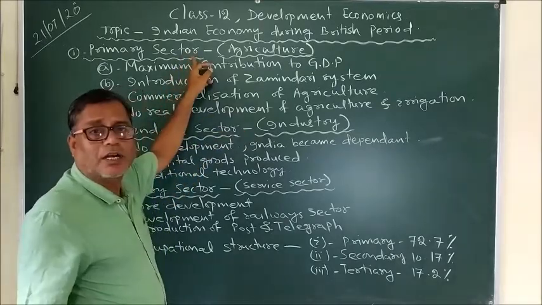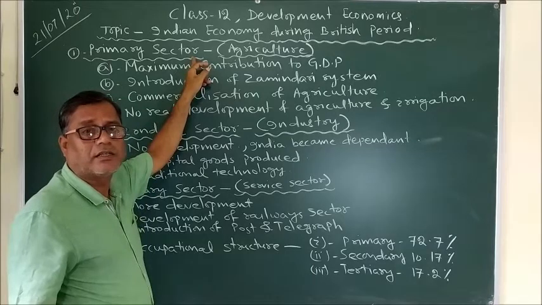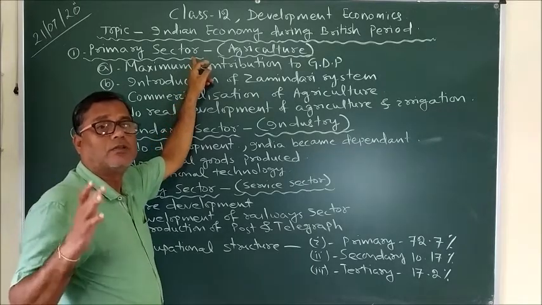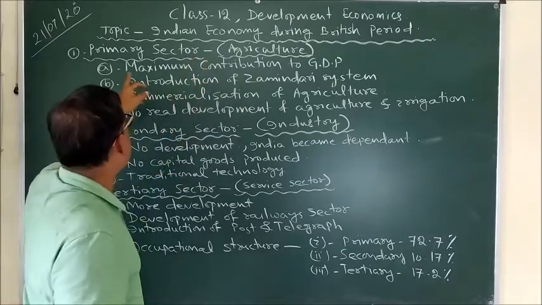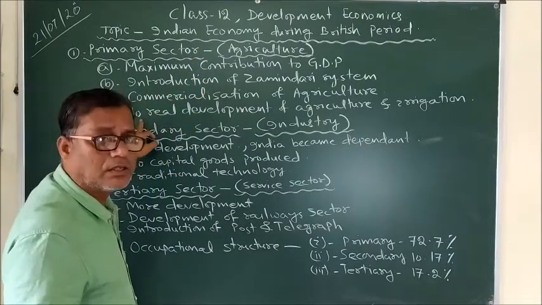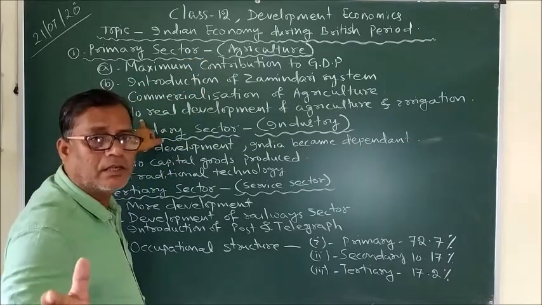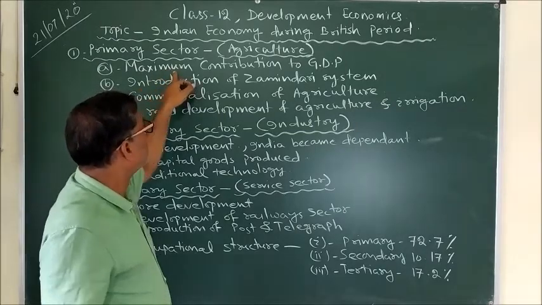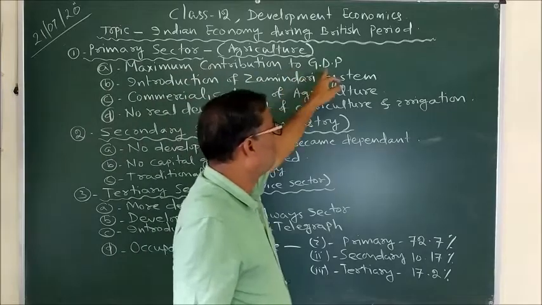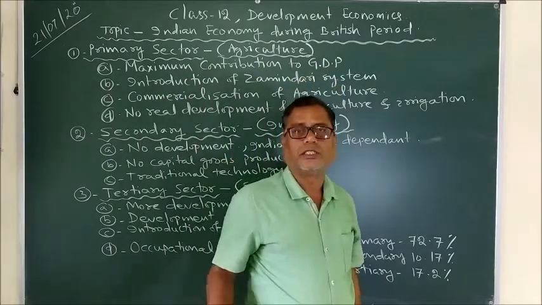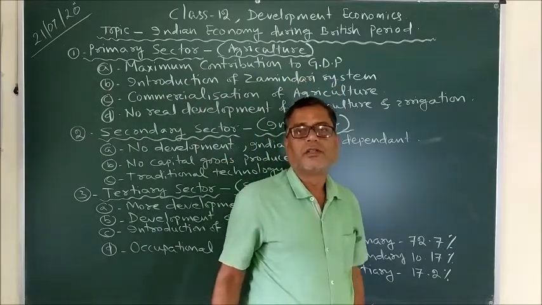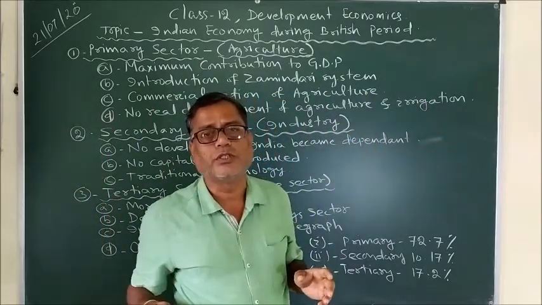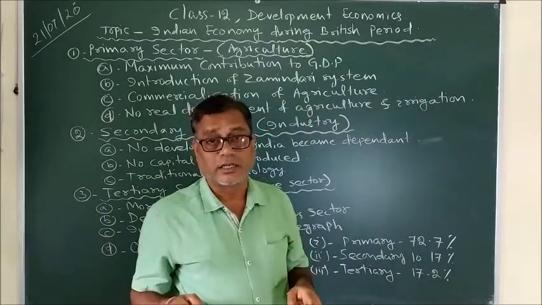Coming to the first point, the primary sector: how it was affected due to the British policy and the British Raj. Point wise, we will discuss the condition of the primary sector during the British period. The first point is the maximum contribution of agriculture to GDP. GDP means the total value of final goods produced during an economic year.